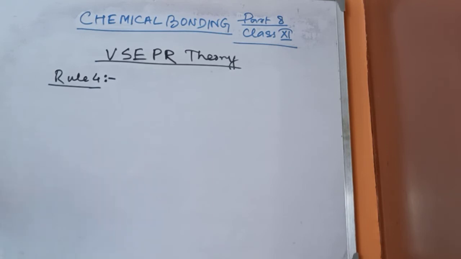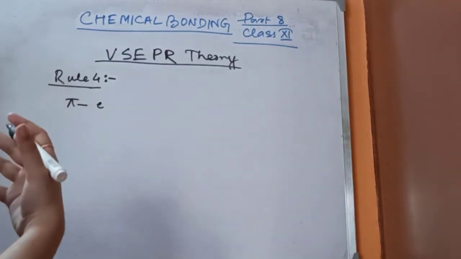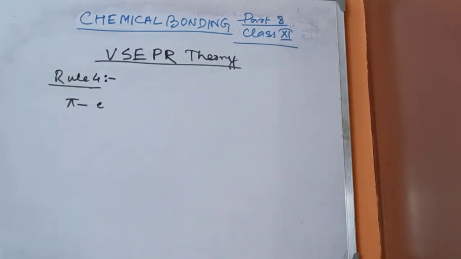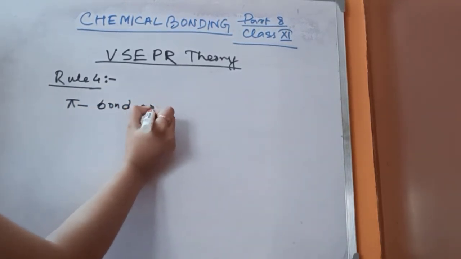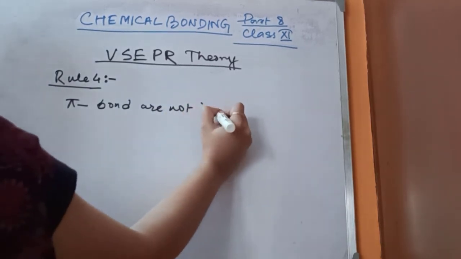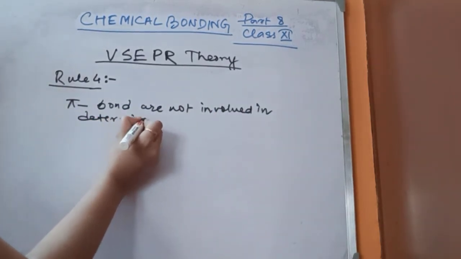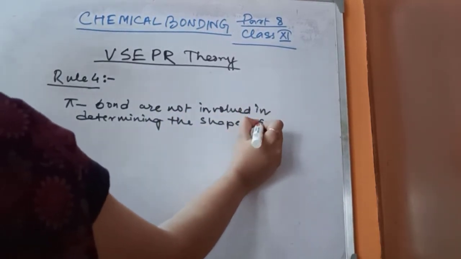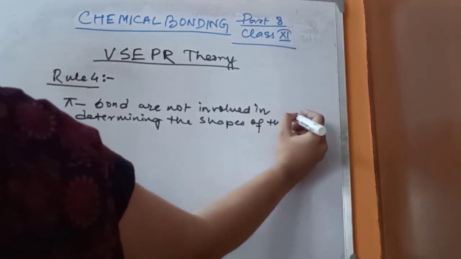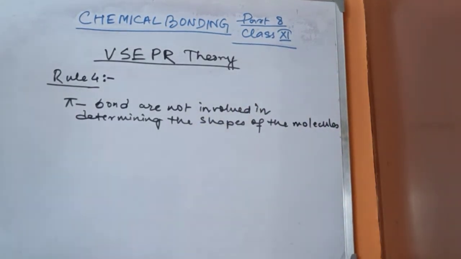Rule 4 is basically about bond multiplicity, and it states that the pi bonds are not involved in determining the shapes of the molecules.